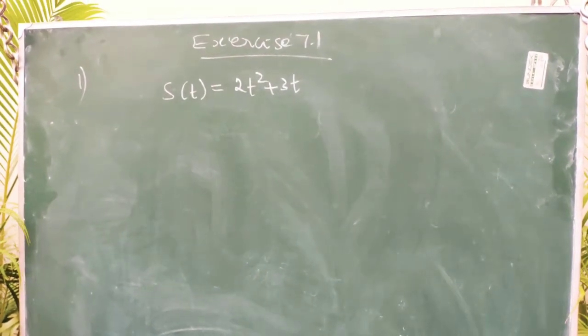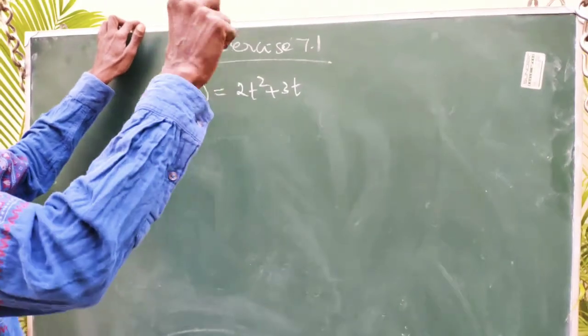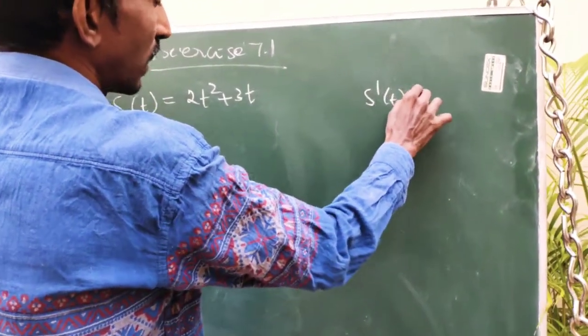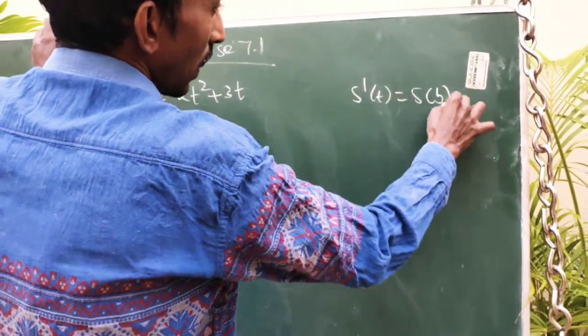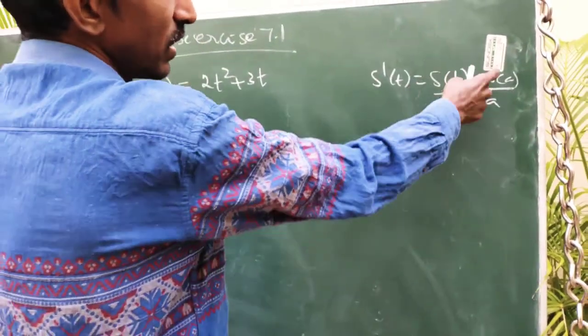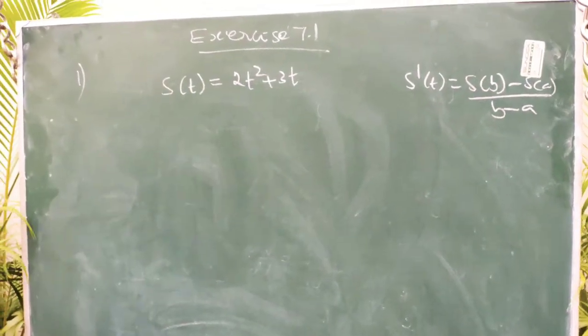So my dear student, the average velocity, just now explained by the diagram, is change in y by change in x. So here remember the formula, average velocity equal to s of b minus s of a by b minus a. Just now I explained change in y by change in x, that's all. We are going to use this formula for the first subdivision.